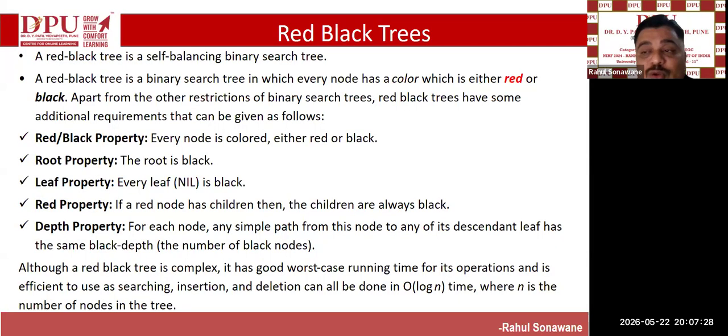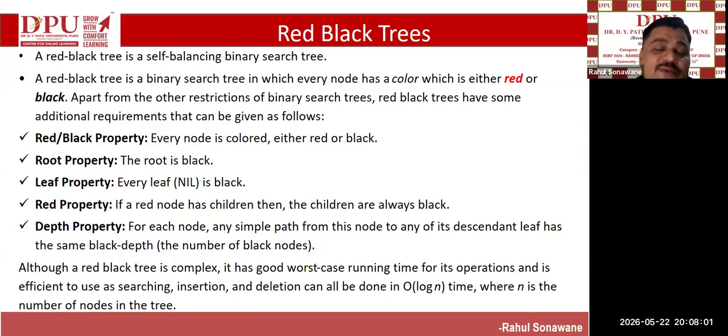So it means there will be no two consecutive reds. In any path followed from the root to any particular leaf, there should not be two consecutive red nodes. If there is a red node having any children, then those children must be black.